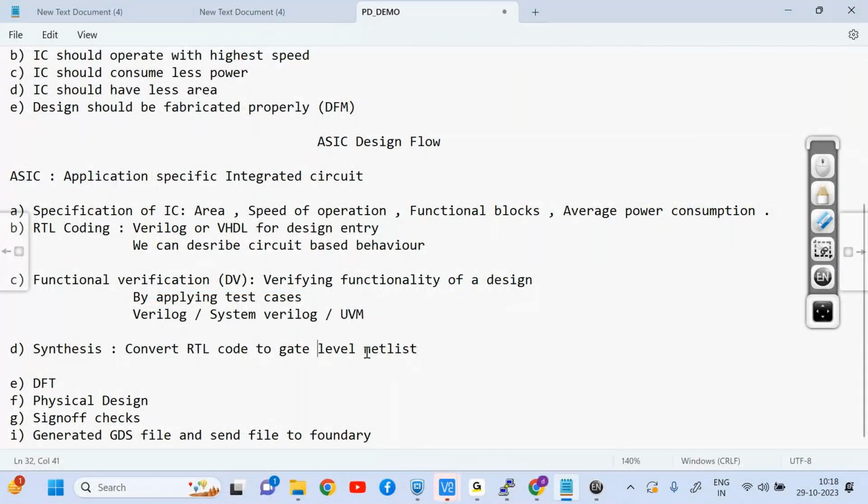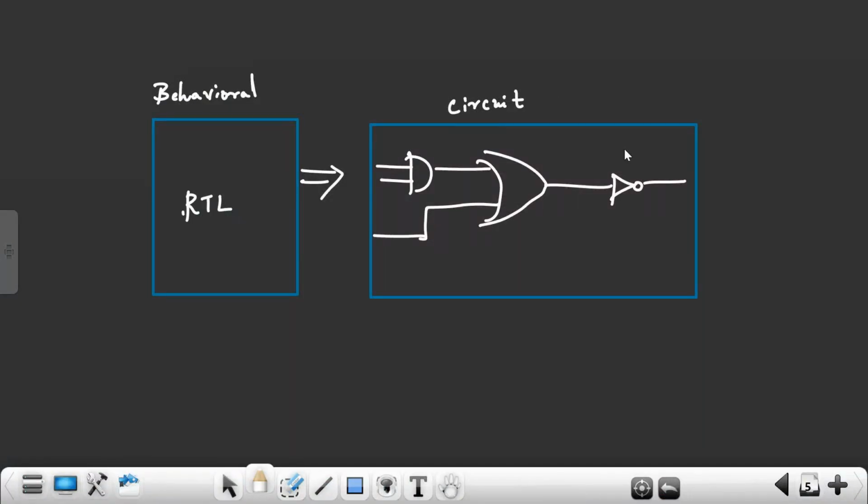Probably all the UG students have already done this by using Xilinx or other tools. Then who is going to tell what cells I have to use here? That is very important for synthesis.